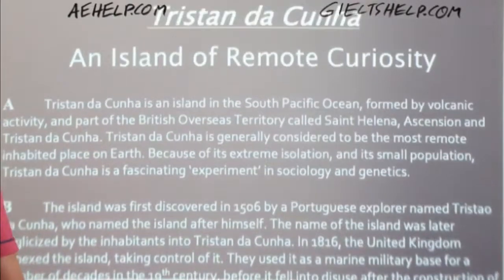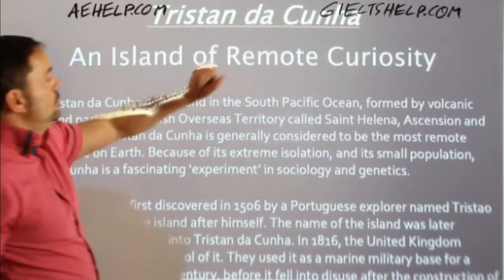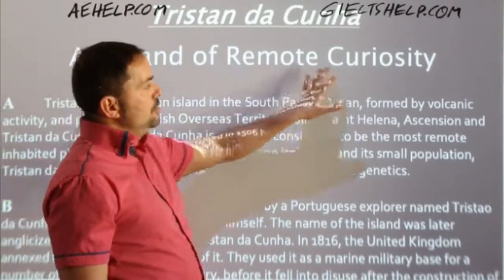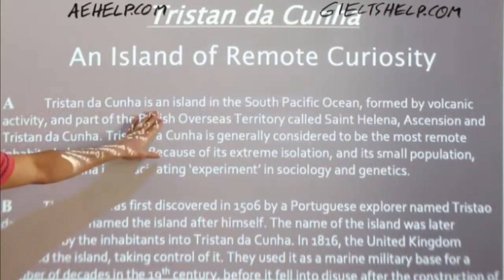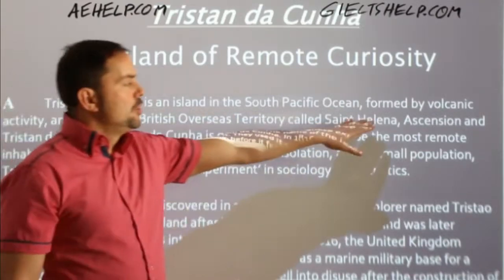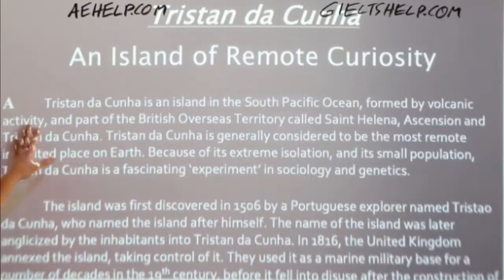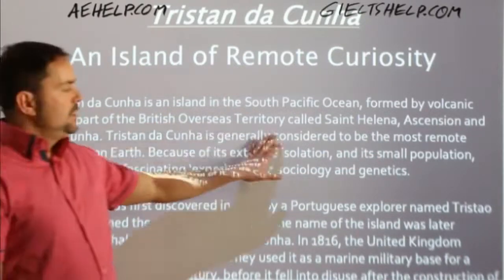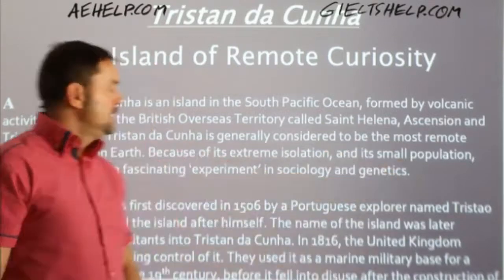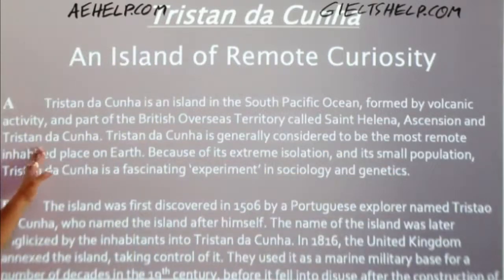One more time from the top. Tristan da Cunha, an island of remote curiosity. Tristan da Cunha is an island in the South Pacific Ocean formed by volcanic activity and part of the British overseas territory called St. Helena, Ascension, and Tristan da Cunha.